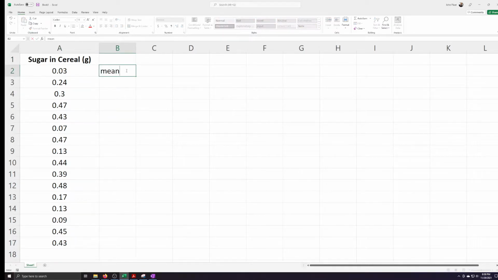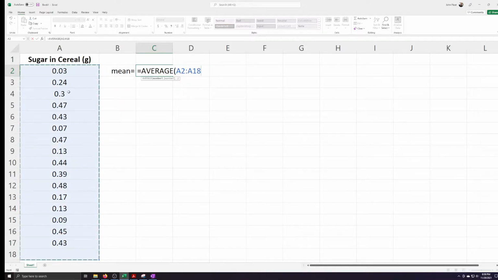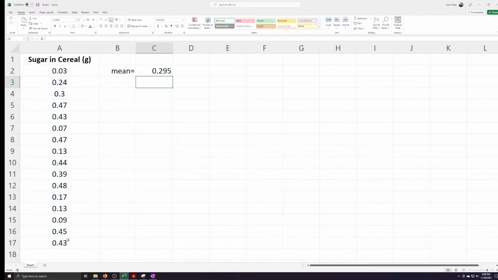So our mean is going to equal the average of all those values right there. All right, so our mean, x bar, is going to equal 0.295.